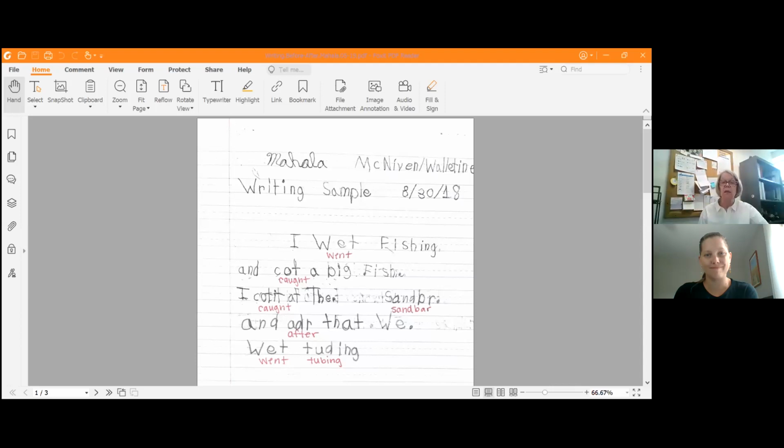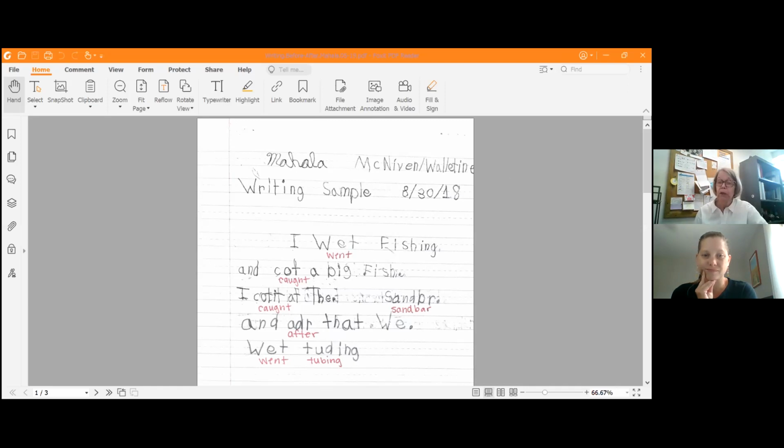Now, this is done in September, or actually August. This is an initial writing assessment, just to write a paragraph about what you did in the summer. So here's what this student, this third grader, wrote in August. And you can see the teacher's done corrections and things.